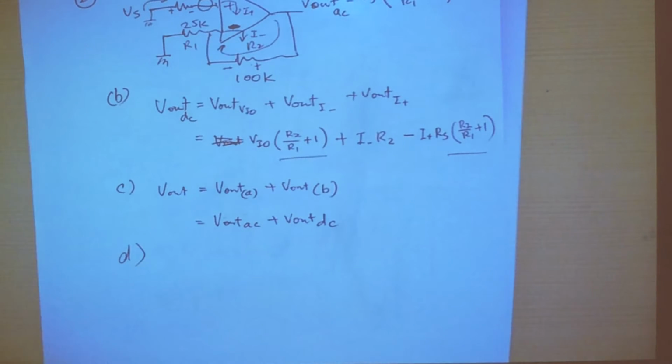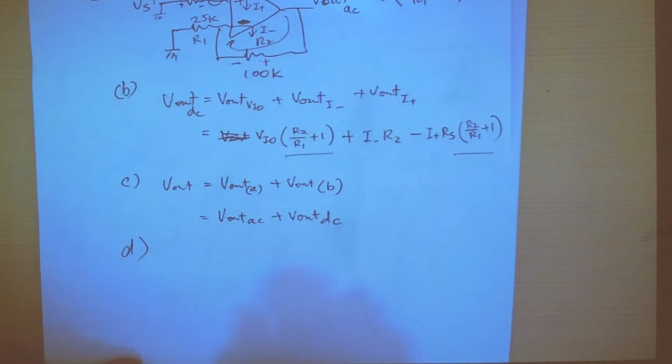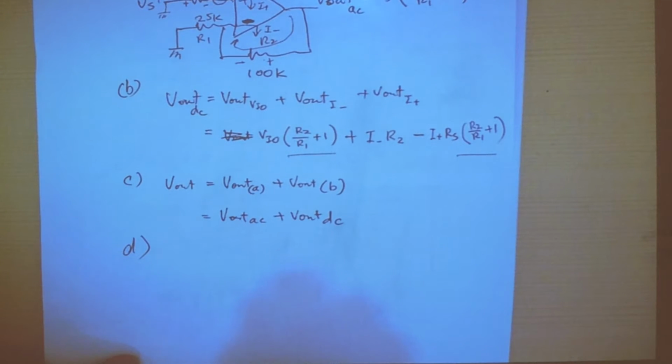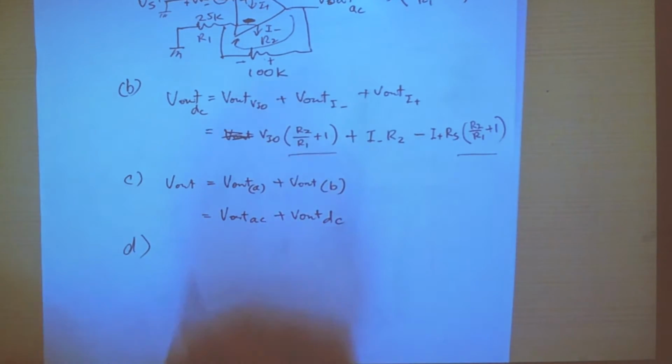Right? So in part D we are asked to find the minimum DC offset at the output, and therefore we can find the value of RS. To minimize the DC voltage at the output, we don't need to look at the AC, so we just look at part B again.